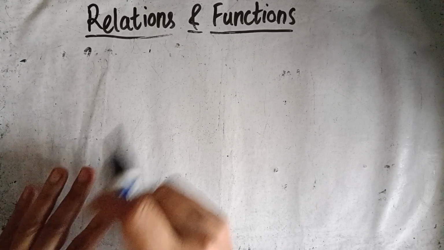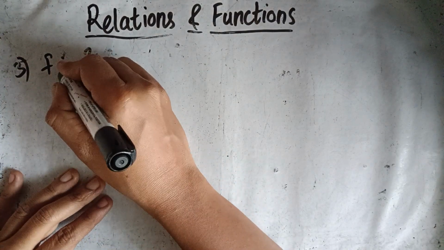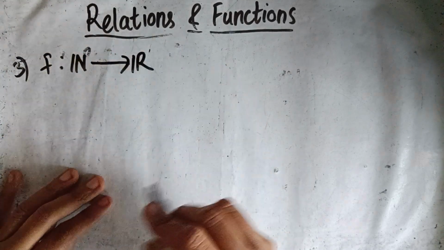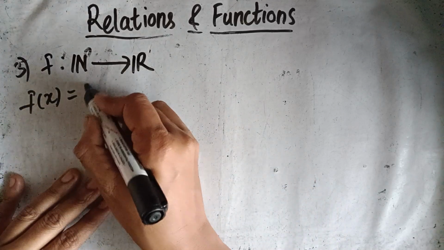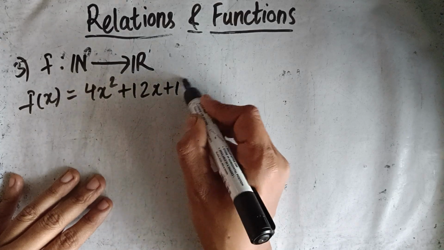Next question. Let f from the set of natural numbers to real numbers be a function defined as f of x is equal to 4x square plus 12x plus 15.